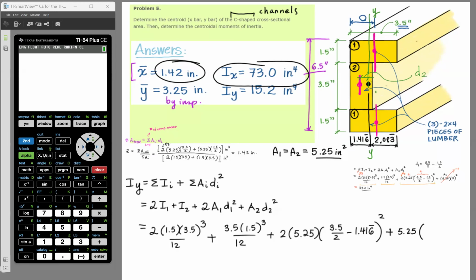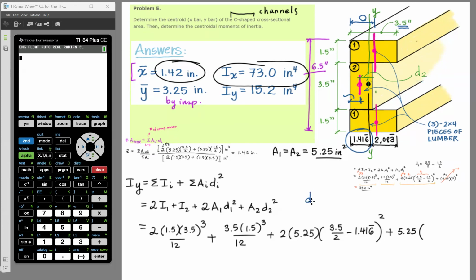Okie doke, so that's what I need. How am I going to figure that out? Well, I know that this little dimension right here has got to be 1.5 divided by 2. And if I deduct it from this dimension, then I'll get d sub 2.